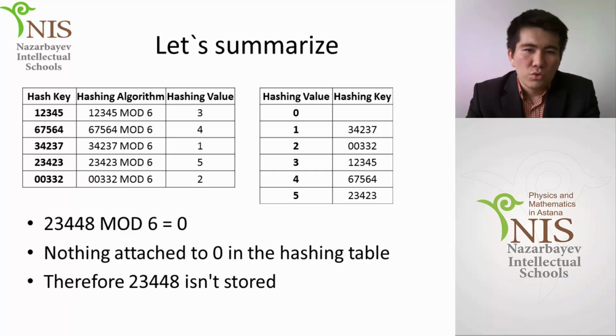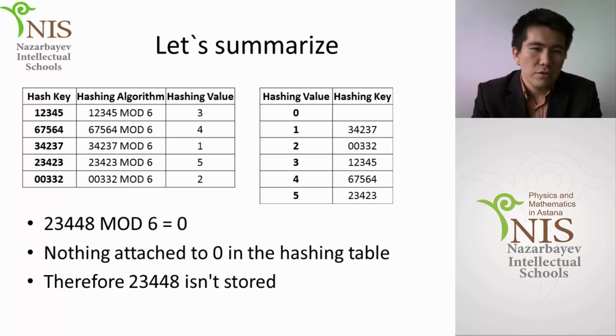This way hashing helps us find any data information in the database or tables very fast, very quickly, because we don't have to look through the whole database, since we know that this hash key doesn't exist because there is no hash key with such a hash value.